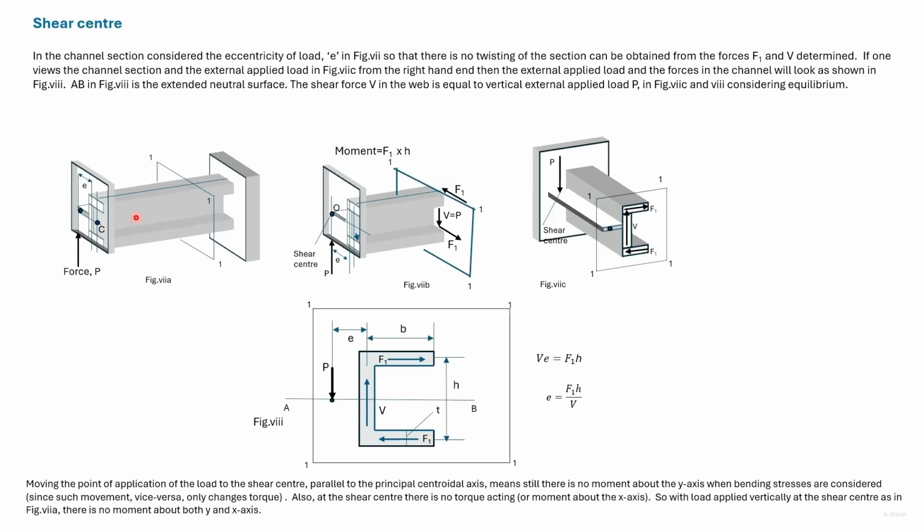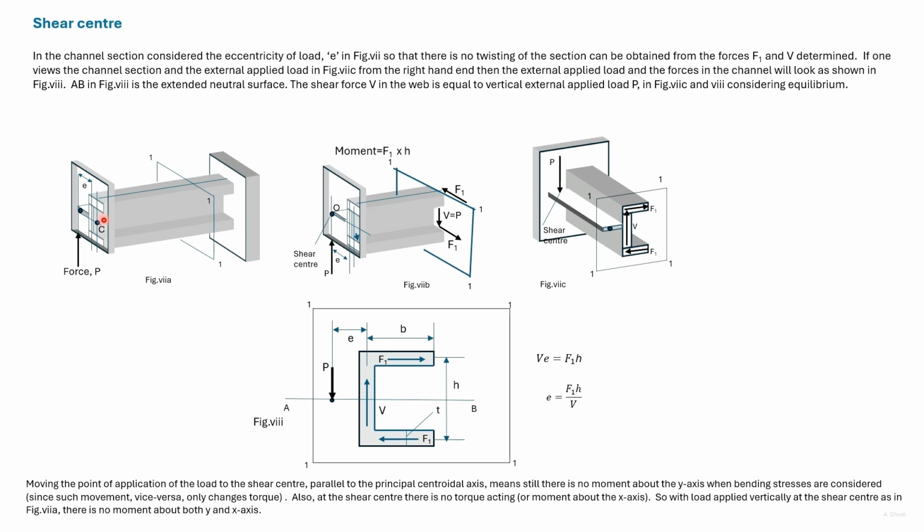We earlier considered the case of a vertical load being applied at the centroid of the channel section. Consider a section 1,1. If a vertical load was applied at the centroid, then we saw that the section will be subjected to both shear and torque.